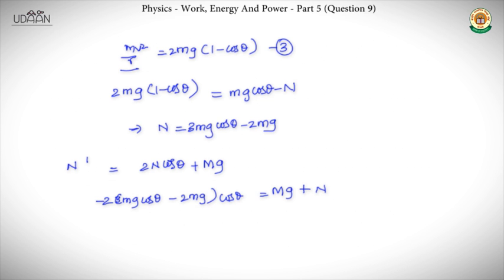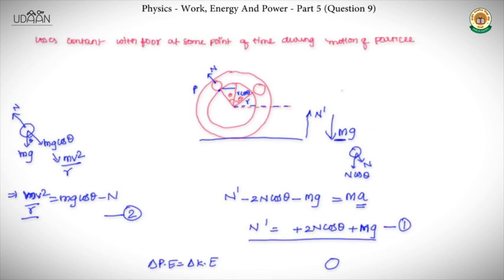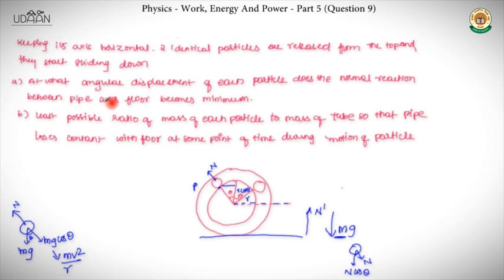As we required N dash in the given question, what is asked is, at what angular displacement of each particle does the normal reaction between the pipe and floor become minimum.